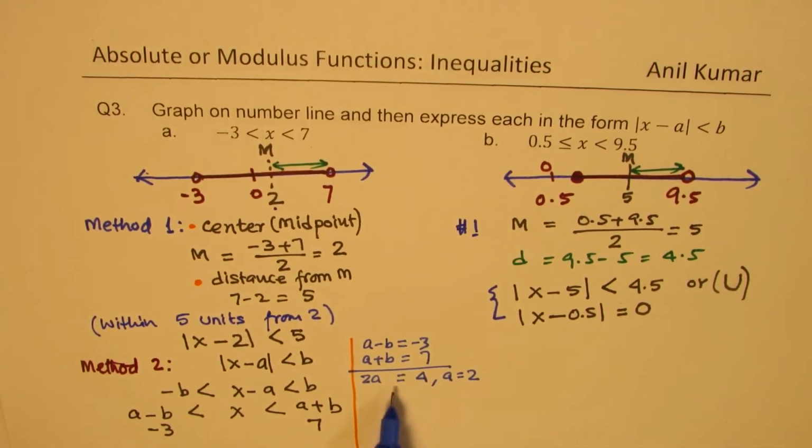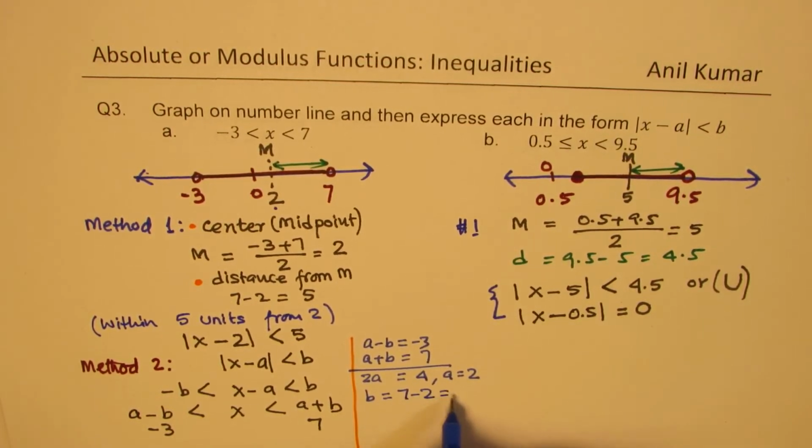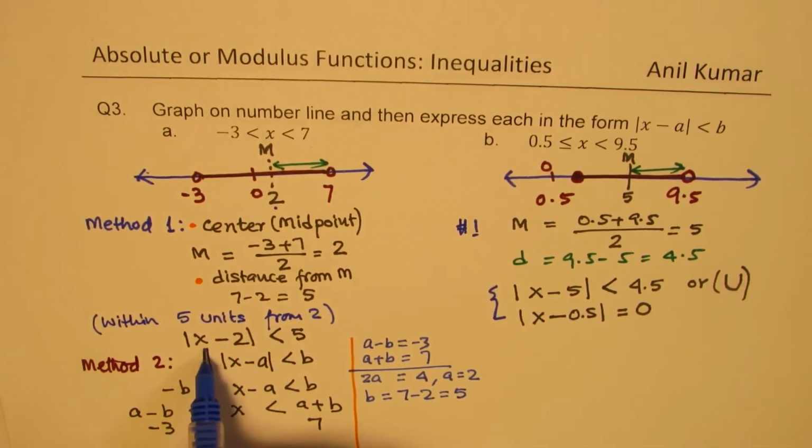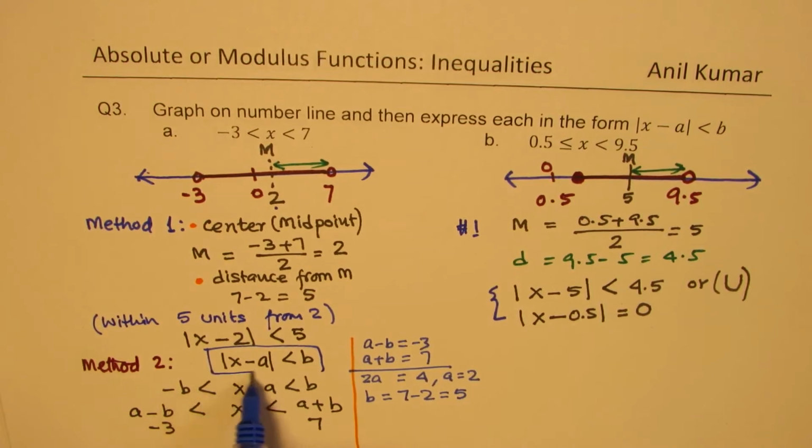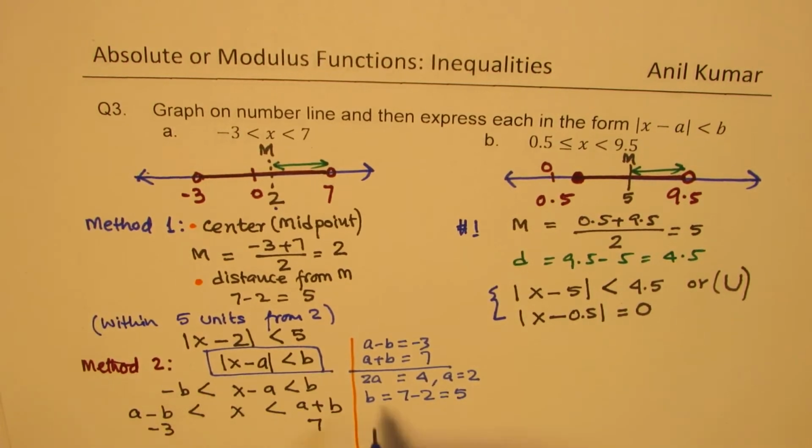Right? So if a is 2 and a plus b is 7, b is 7 minus 2, we get 5. Now, we can always write it in this particular form, which is absolute value of x minus a, which is 2 for us, and is less than b, which is 5 for us. Does it make sense to you?